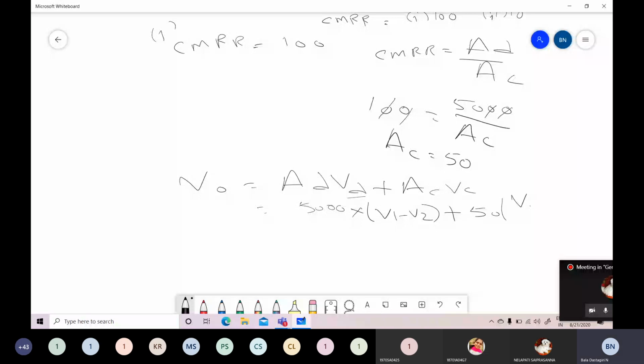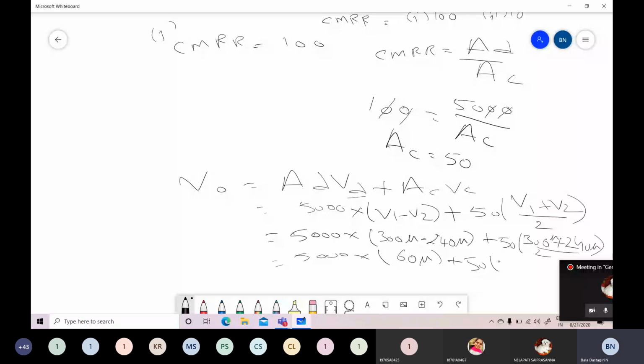So it is 5000 into 60 microvolts plus 50 into 540 by 2, that is 270 microvolts. If you do the calculations, approximately you will get 313.5 millivolts. This is the output voltage of your differential amplifier with the given specifications.